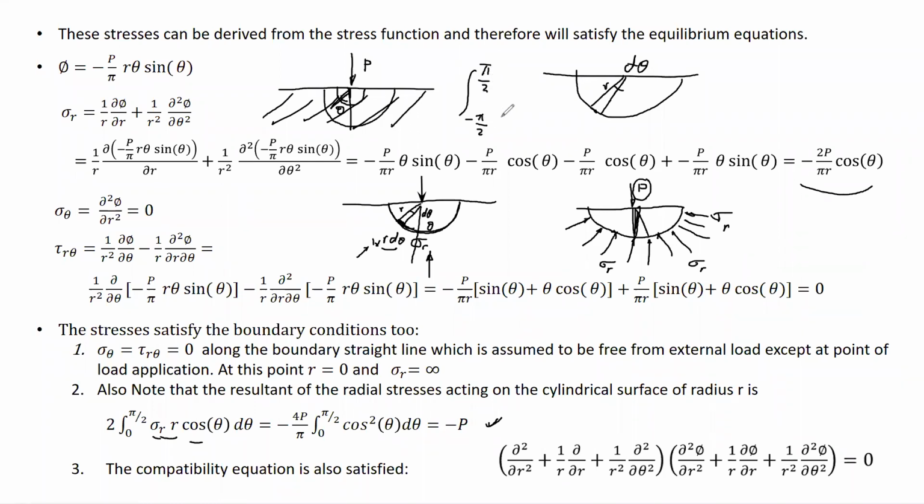But because of symmetry, that would be equal to 0 to pi over 2 times 2. Okay, yeah, I get it. Sorry. Thank you. It's good to see the details there. When I'm reading that, I may forget all the details. That's a good question.